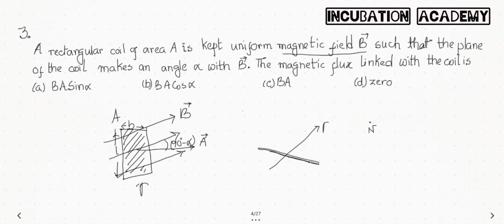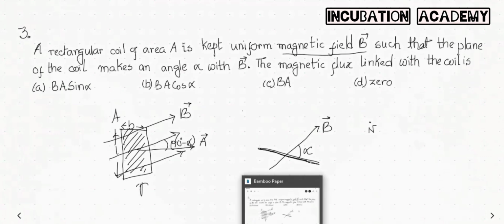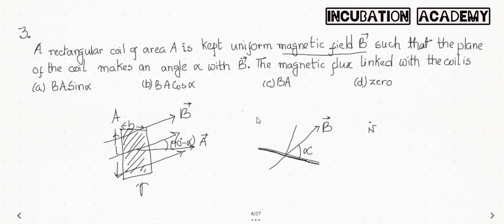Now the plane of the coil basically makes the angle alpha here. And the area vector is perpendicular, so that is pi by 2 minus alpha. That is the angle between them.